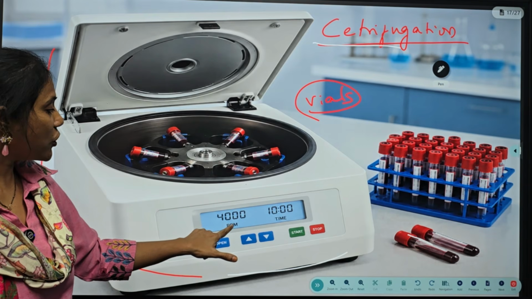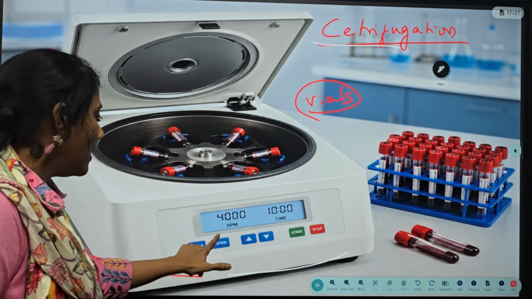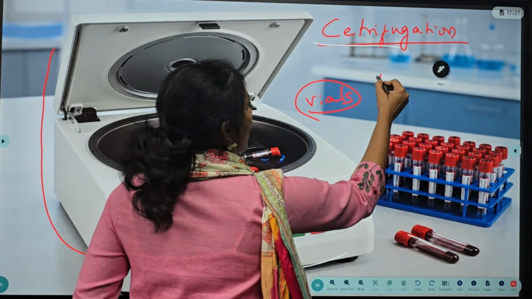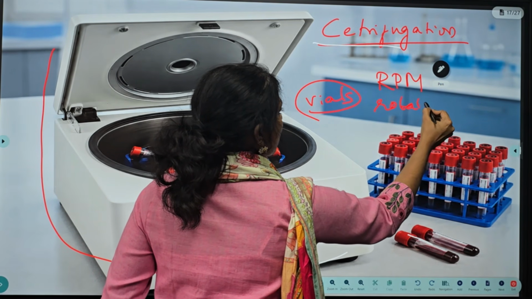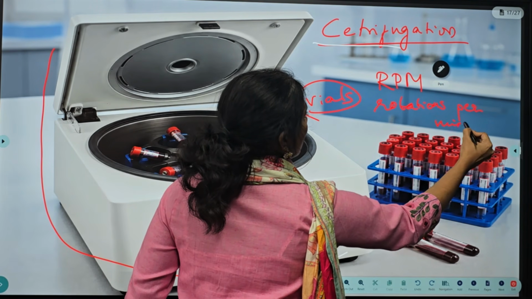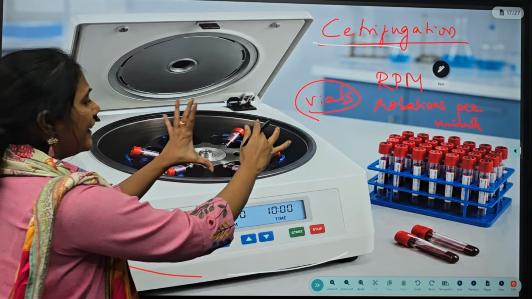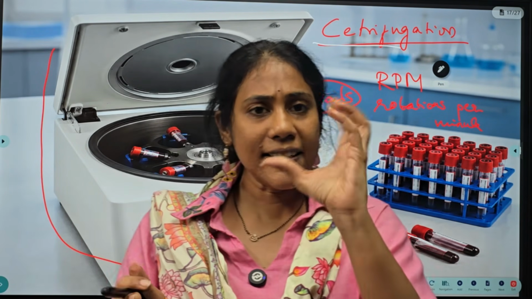RPM means rotations per minute. So it will rotate with very high speed. When it spins, you know what spinning means, right?